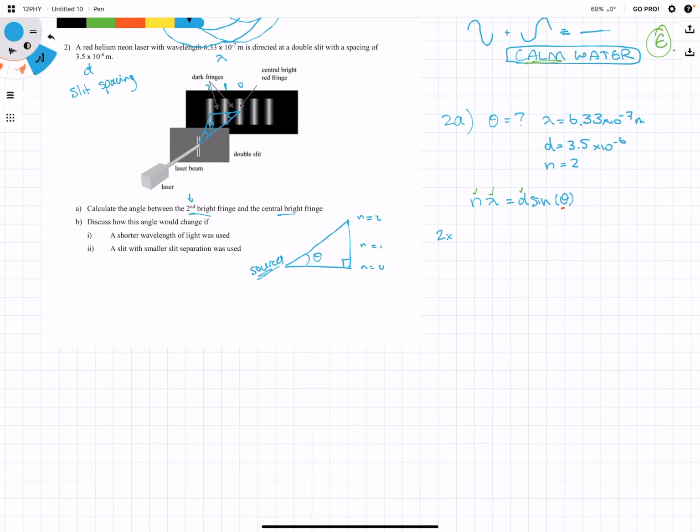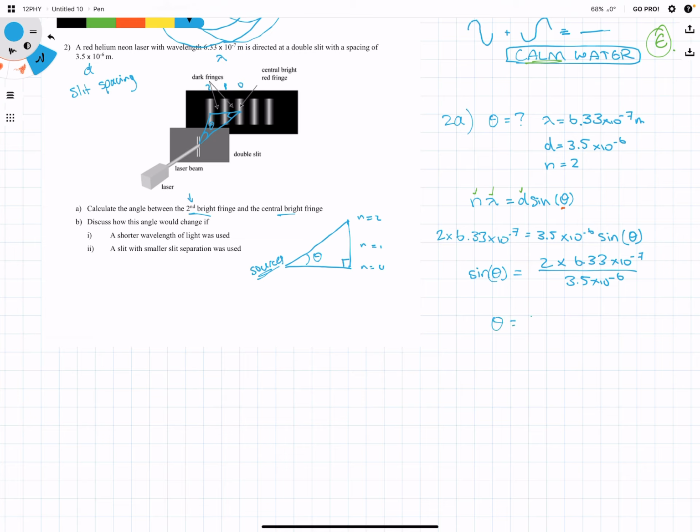2 times the wavelength, 6.33 times 10 to the negative 7, equals 3.5 times 10 to the negative 6 sine of theta. So sine theta equals 2 times 6.33 times 10 to the negative 7, all divided by 3.5 times 10 to the negative 6.